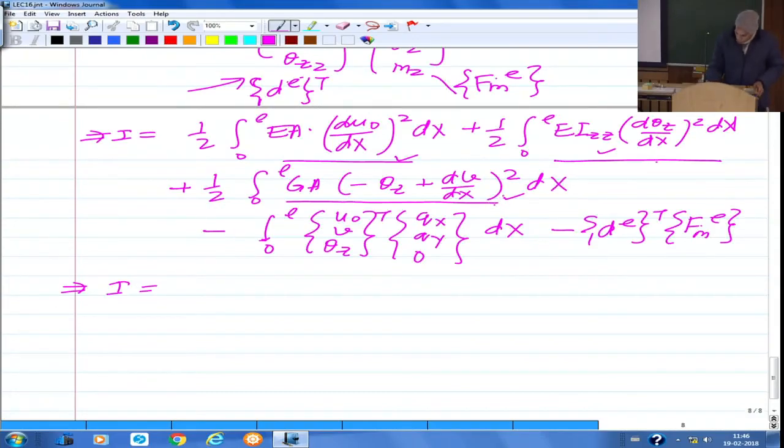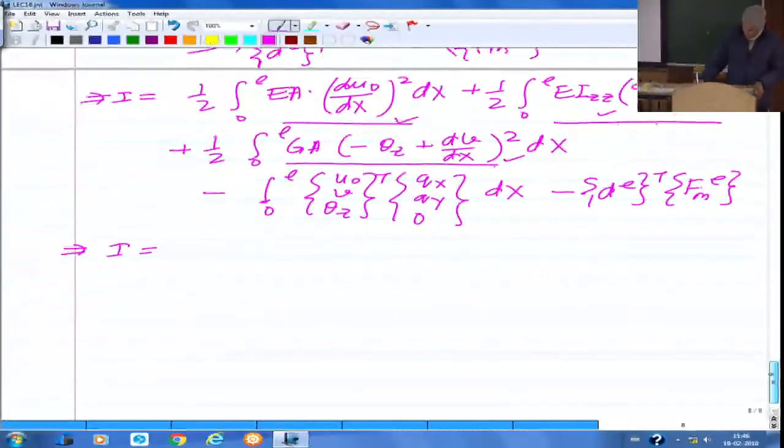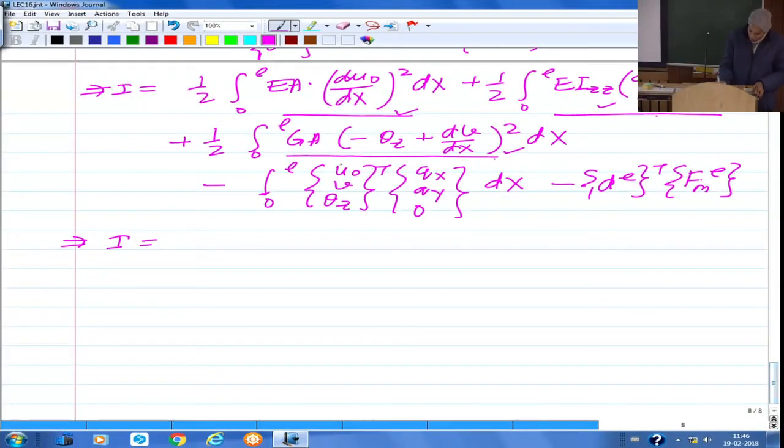So I am going to keep this separately, although we can combine and make a 3 by 1 vector of du naught by dx, d theta z by dx and minus theta z plus dv by dx, but subsequently we need them separately, so I'll keep them separately.